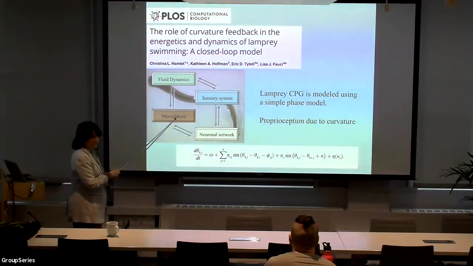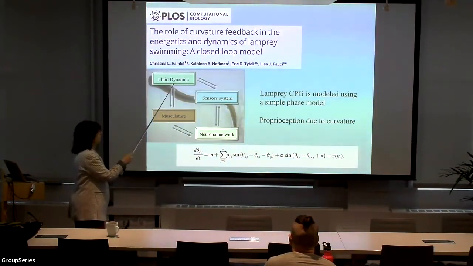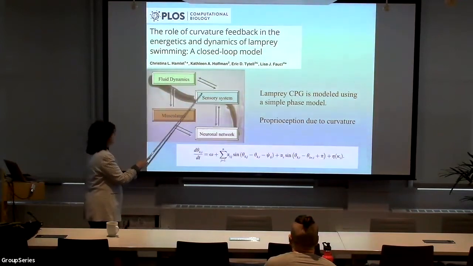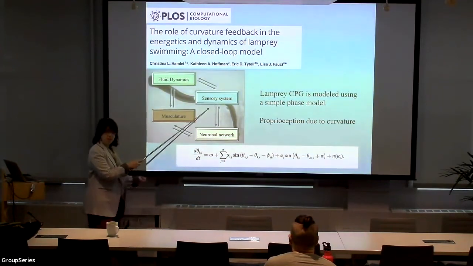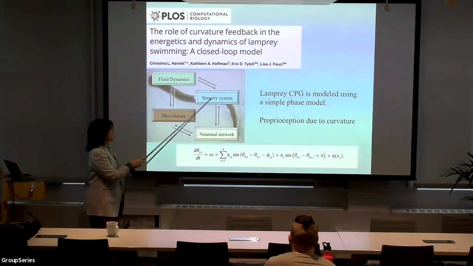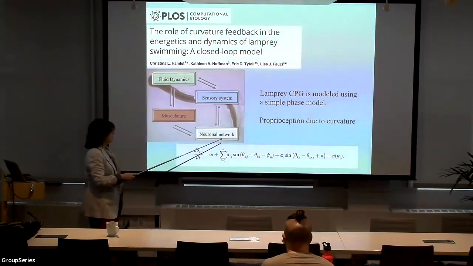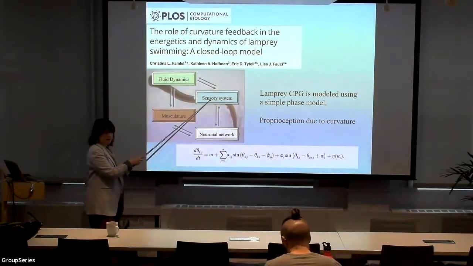The muscles then have to interact with the passive structure of the body. That's coupled with an external fluid mechanics. But then at the same time, the swimmer has a sensory system. There's some proprioception that could perhaps help to stabilize the swimmer. The neural signal is feeding back perhaps from the body curvature.